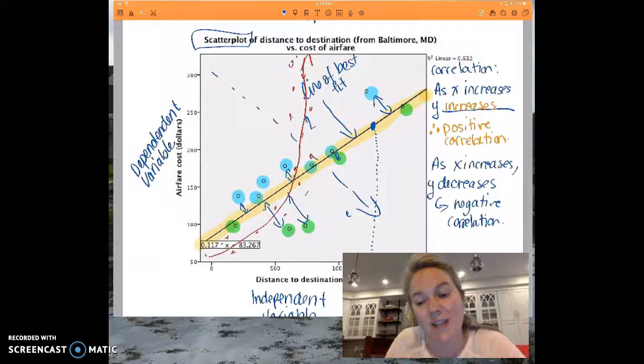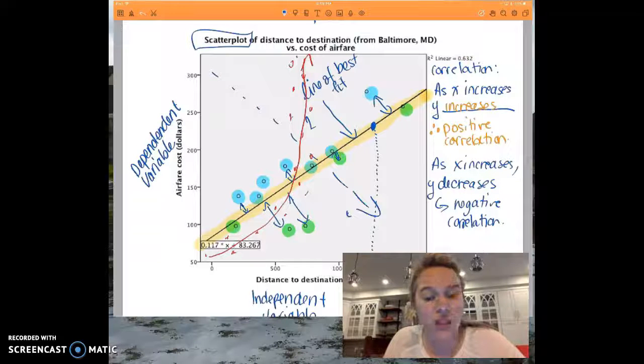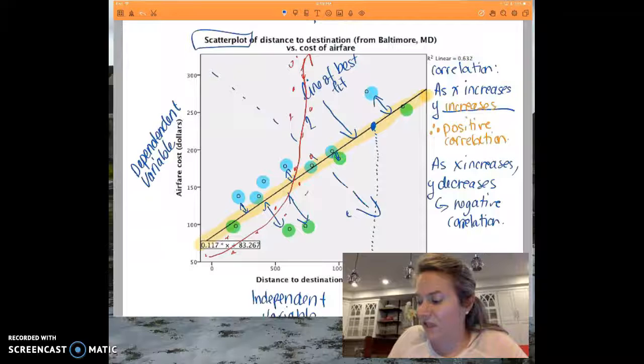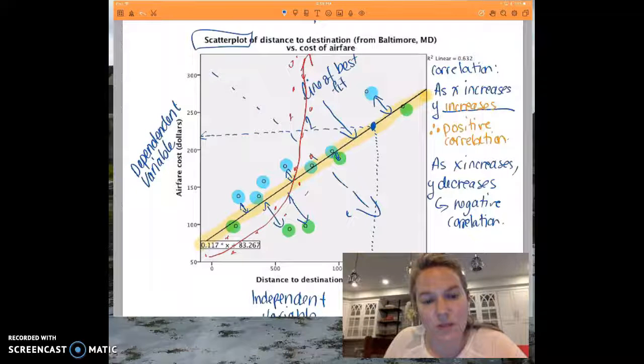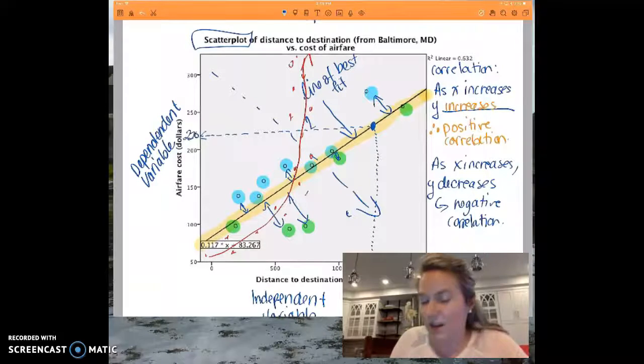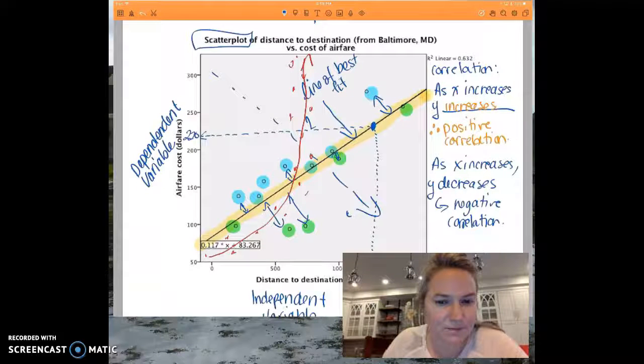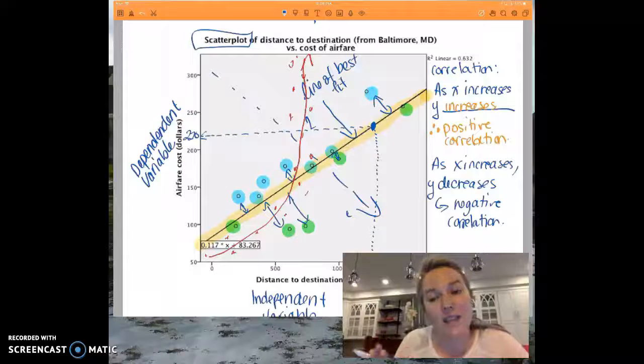Remember I said that was an estimate of the true relationship. So I go to my line of best fit, and I come across, and I say, okay, so at 1,250 miles, it's going to cost maybe $220. And of course, on grid paper, you'd be able to make a much better estimate than the one I just did. But we'd say it's going to be about $220. That's called an interpolation because it's within our data points.